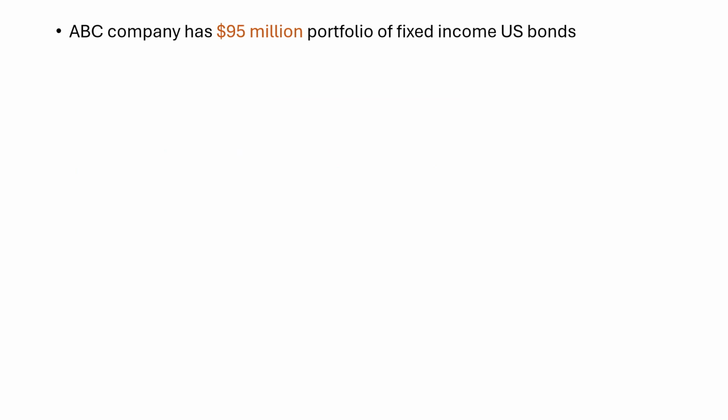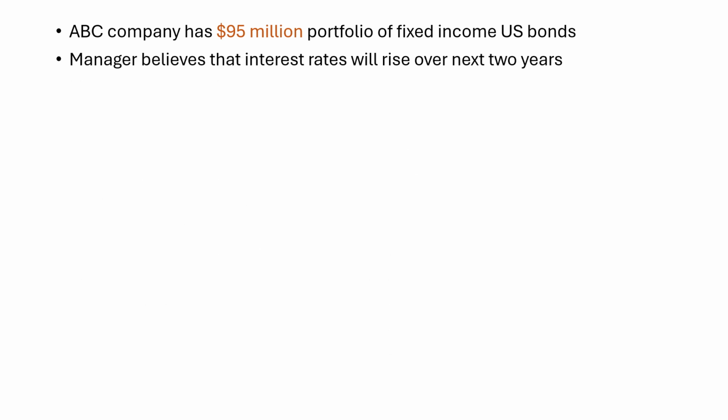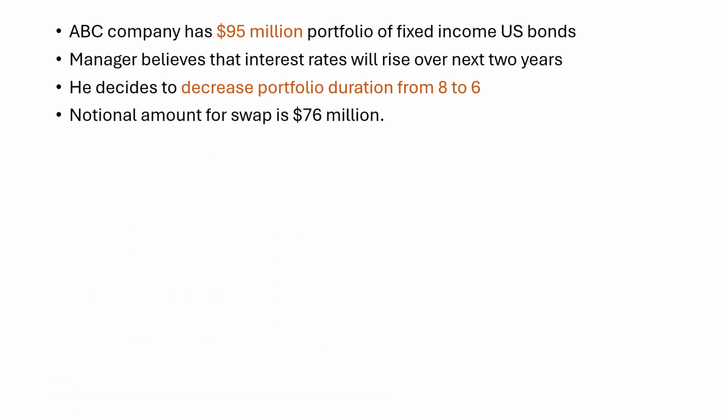Let's take another example. Now we have ABC company which has a $95 million portfolio of fixed income US bonds. The manager believes that interest rates will rise over the next 2 years, and that's why he decided to decrease the portfolio duration from 8 years to 6 years. Now the notional amount for the swap is $76 million.